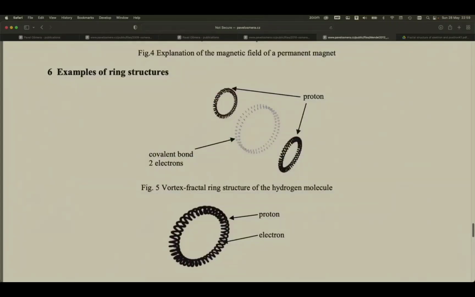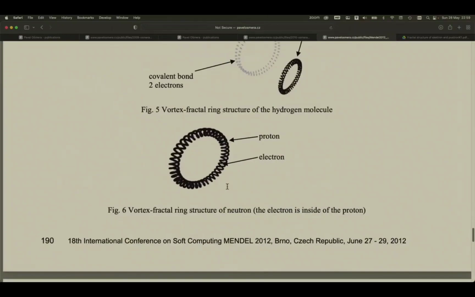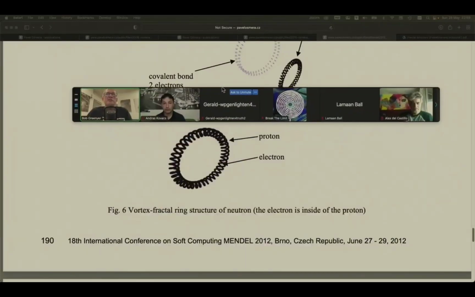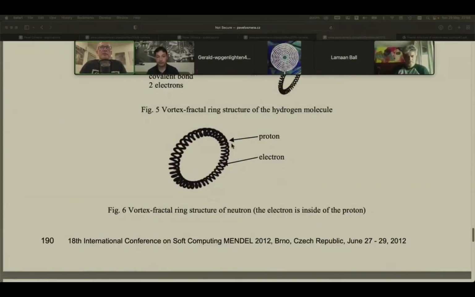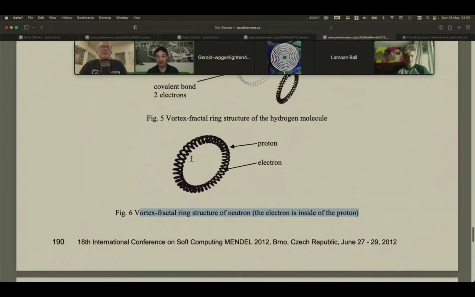Okay. So this is another point of coherence between your two concepts here, where he has the proton here, but the electron is inside, forming the vortex ring structure of the neutron. So here, yes, that's exactly the same. Yeah, it's exactly the same.